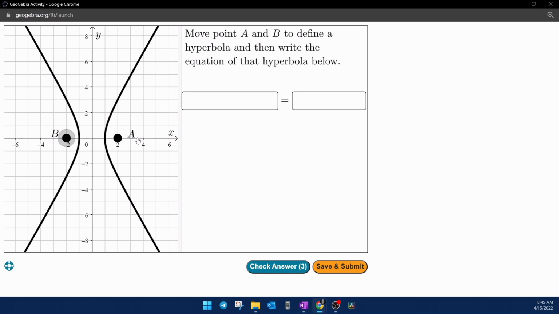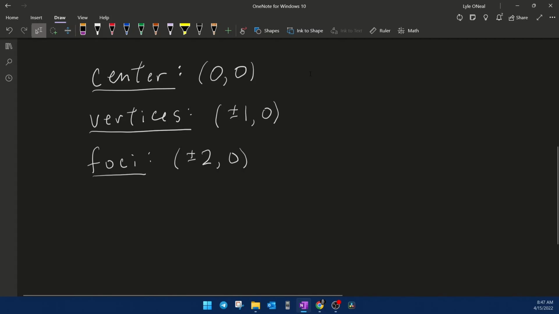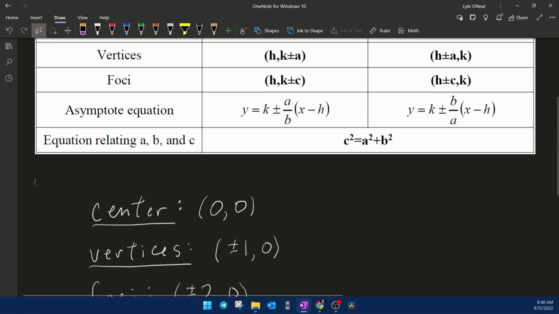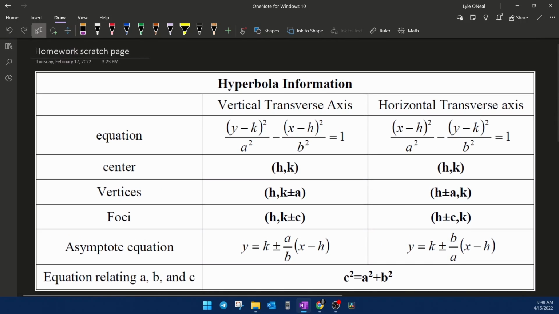And so now what we need to do is go to our scratch work and make a couple of notes. All right, so what I've done is I've copied over the center, vertices, and foci into my scratch work. And then we're going to scroll up and determine which column of formulas to use. If I could draw your attention to the horizontal transverse axis, notice that the vertices and the foci have variable x coordinates, but the y coordinates are the same.